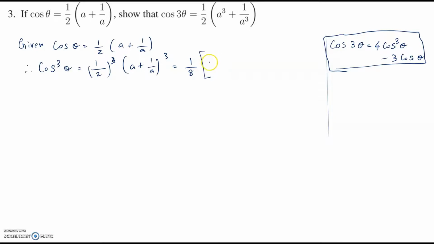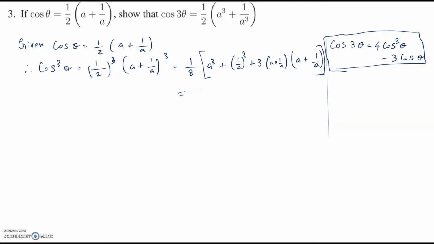So this is a cube plus 1 by a the whole cube plus 3 times a into 1 by a into a plus b, which is a plus 1 by a.